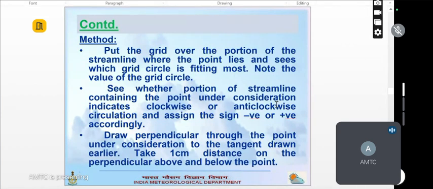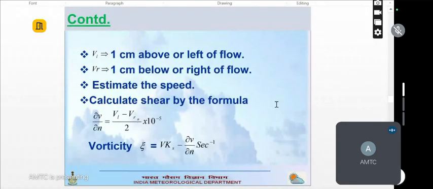Then from the left hand side to the right hand side you calculate the value, 1 centimeter left and 1 centimeter right. Then this will be the shear term. Okay. And I'll show you how this is calculated. I'll share the PPT, don't worry. You will understand it very easily.